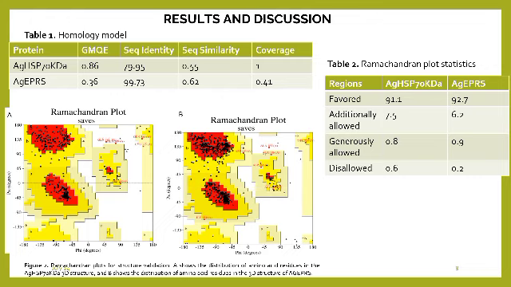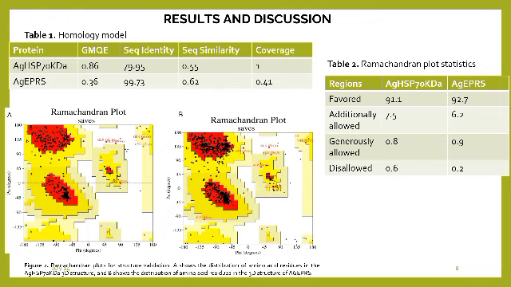However, the Anopheles gambiae glutamyl-prolyl-tRNA synthetase had a lower global mean quality estimate, and this is due to the lesser coverage, since only 0.41, or 41%, of the protein was covered during the analysis.